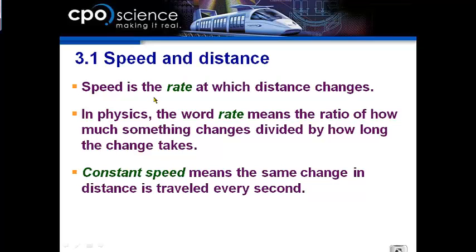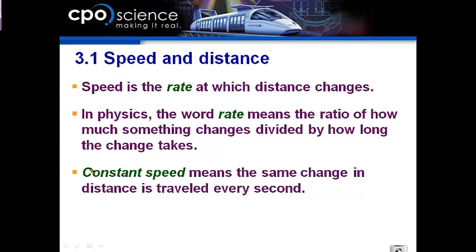So what is speed? Speed is basically the rate of change of distance over a period of time. The word rate means a ratio, so it's how much something changes divided by how long it takes. So the speed is basically distance divided by time. It's how far an object has gone in a certain amount of time.